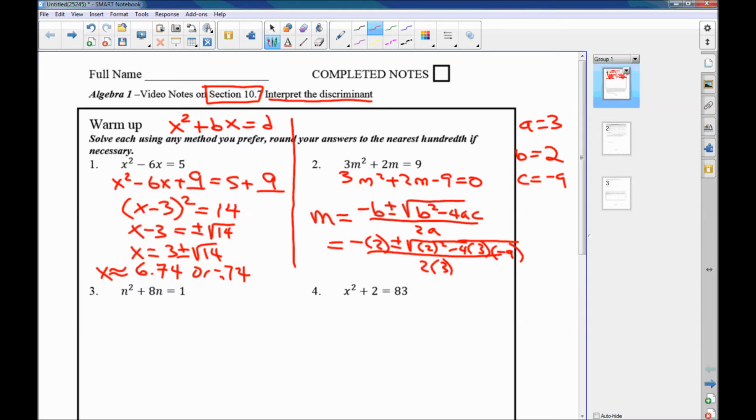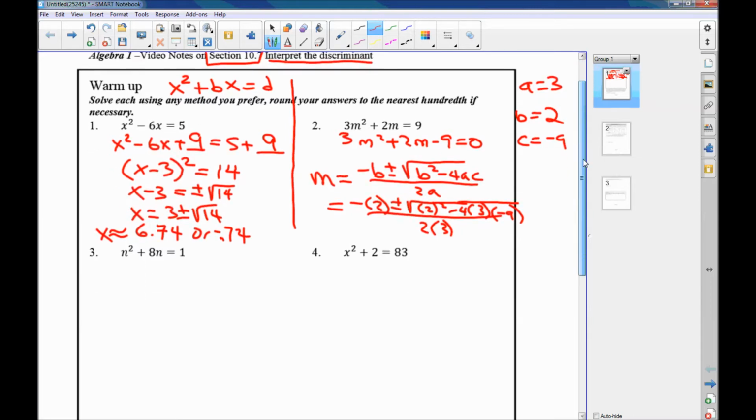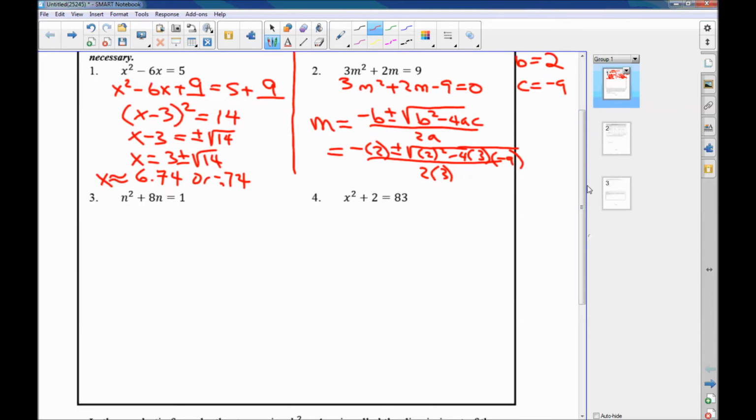Okay, so we talked about doing this in little steps. So we're going to work out -2 in the front. We'll go ahead and do 2 squared minus 4 times 3 times -9 for the stuff under the square root. So 2 squared minus 4 times 3 times -9 makes 112. And then the bottom is 6.